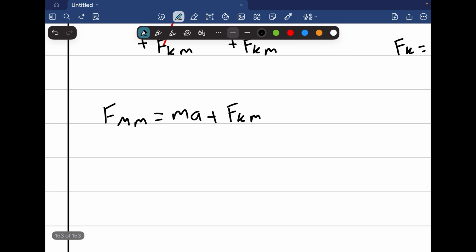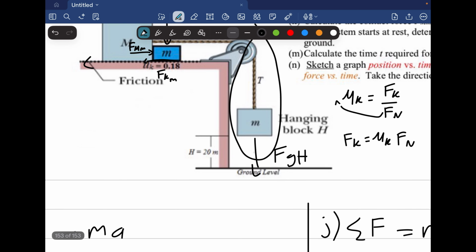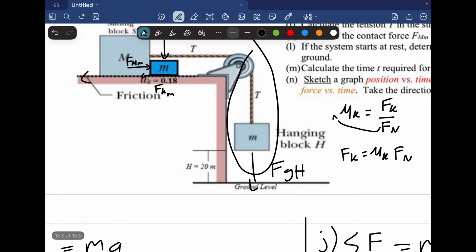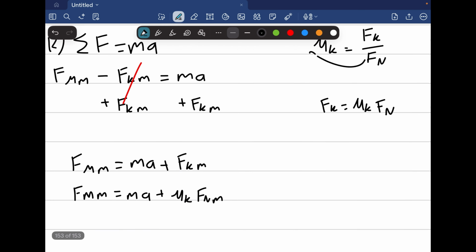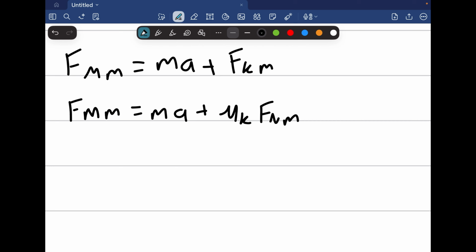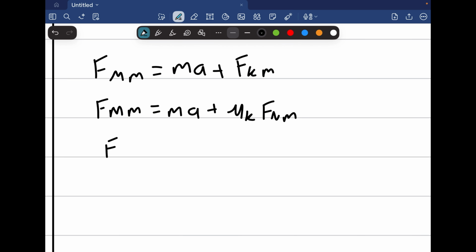So expand on that. That's it. And then that dark blue block is on the floor. So the normal force is equal to the force of gravity. So F_g. So F_n is equal to F_g. So I'll rewrite it. Okay. Now we have that.